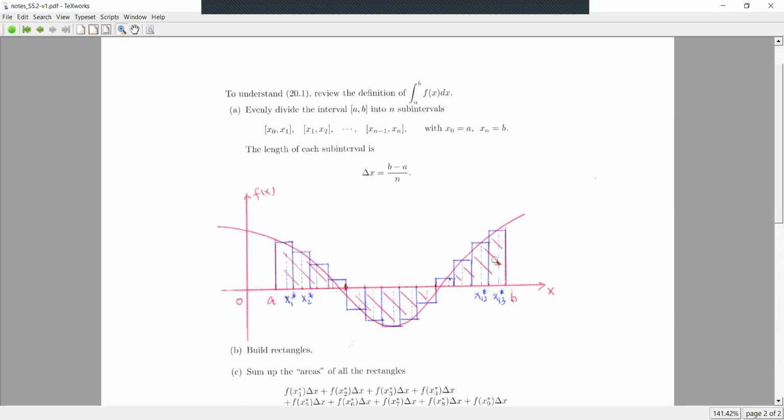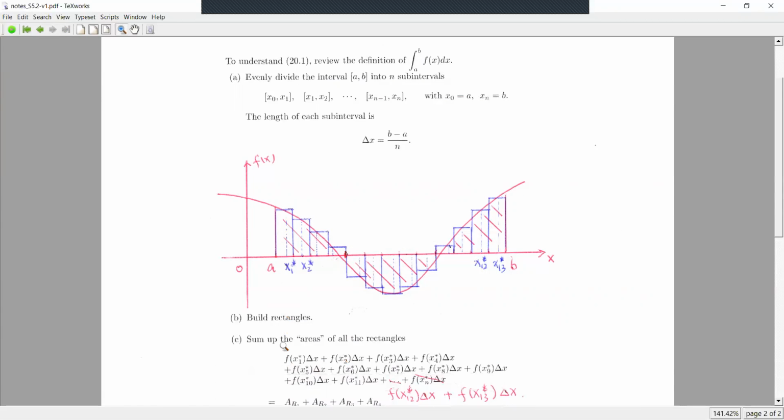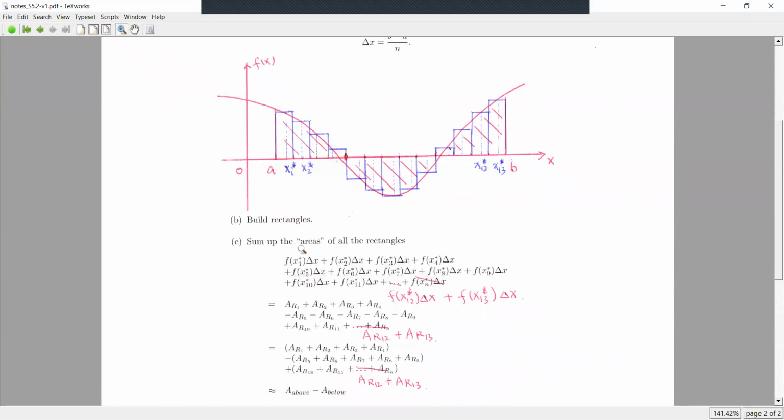Okay, now we have built the rectangles. Now, step 3. Sum up the areas of all the rectangles. First rectangle area, base delta x times height, function value at x1 star. Second rectangle, base times height, function value at x2 star.